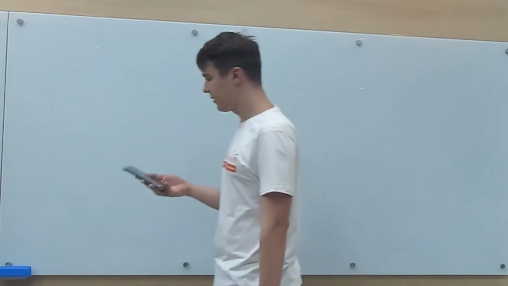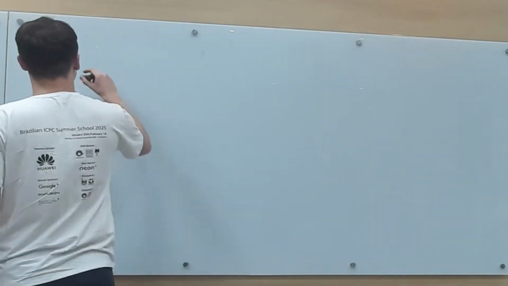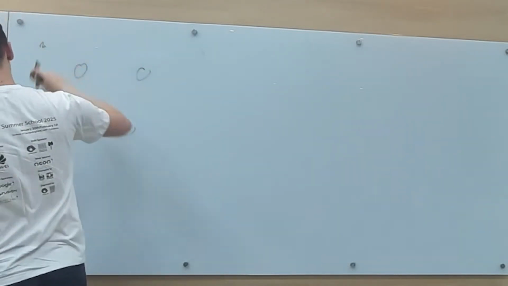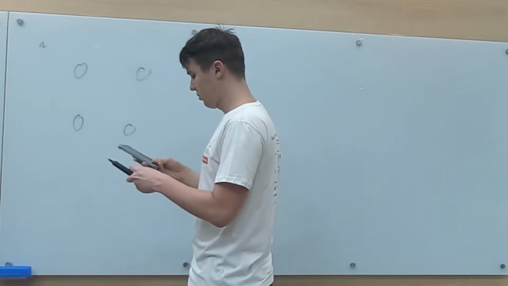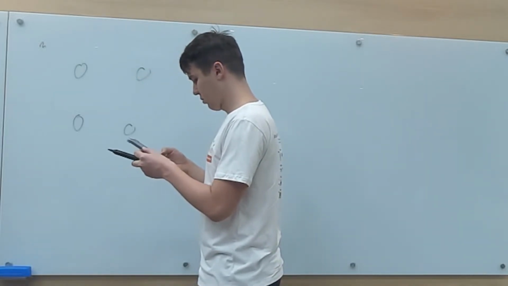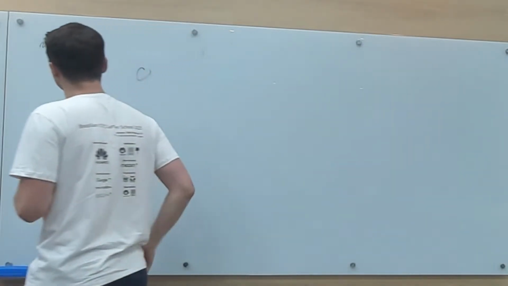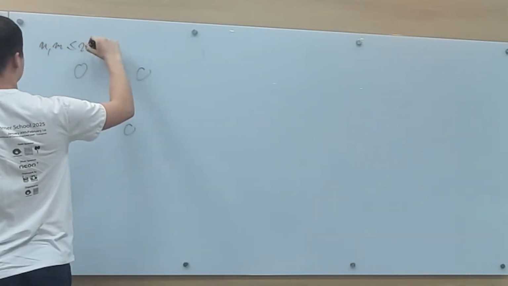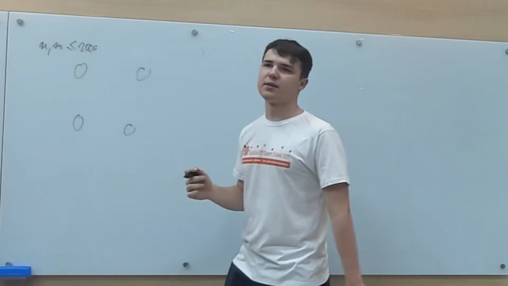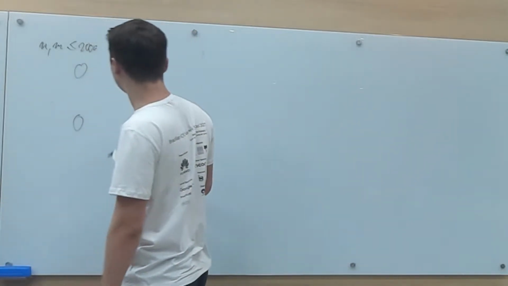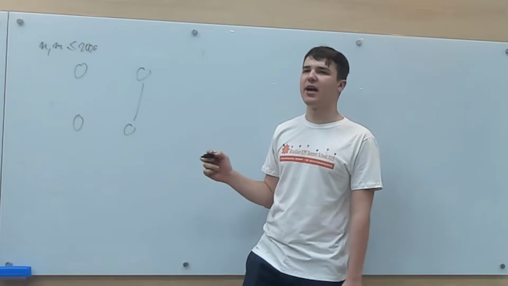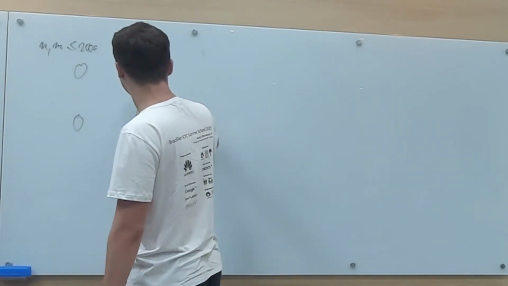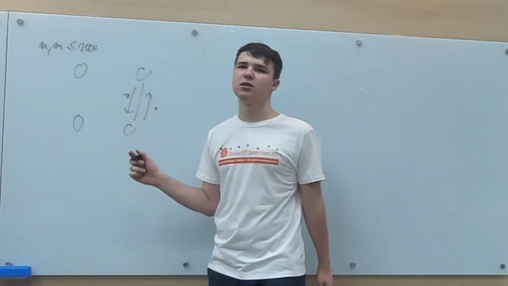Okay, now bridges. So in this task we had N, M up to thousands or something like that, and we have bidirectional edges, but each edge has a different weight in that direction and that direction.